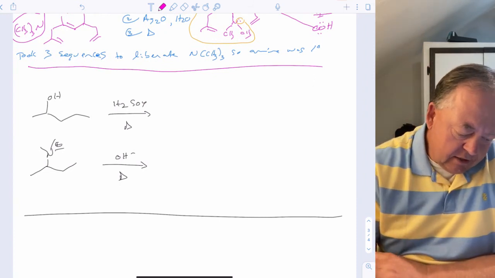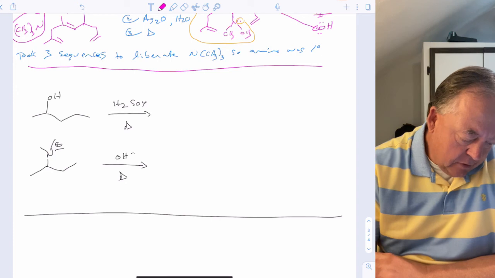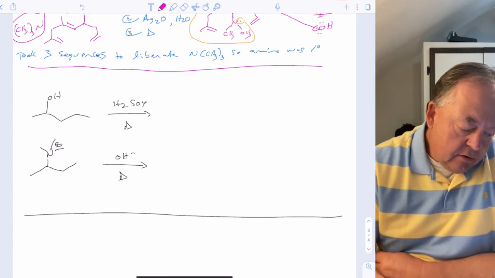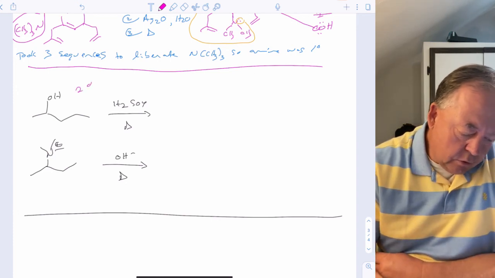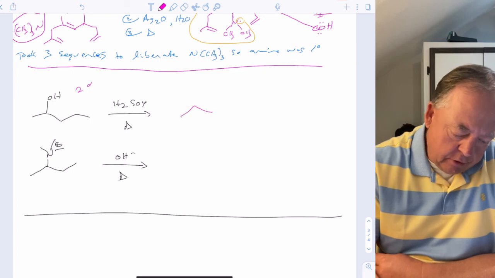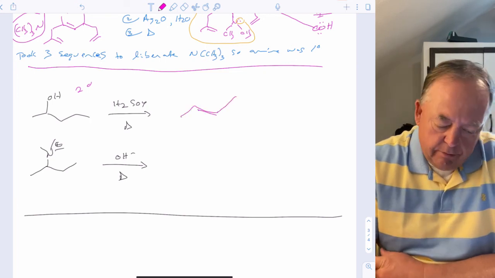So if we contrast this alcohol to this amine, for example, if you did the secondary alcohol with sulfuric acid, if you remember, that will undergo dehydration, and you would make that alkene.